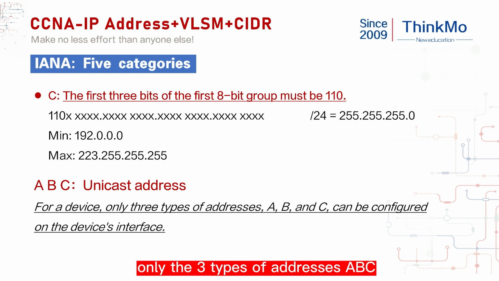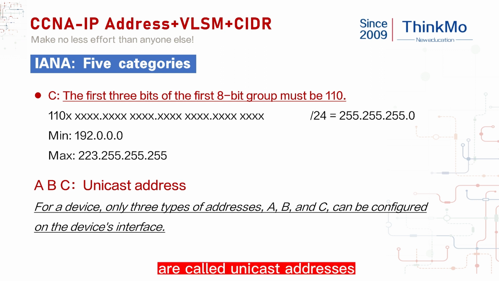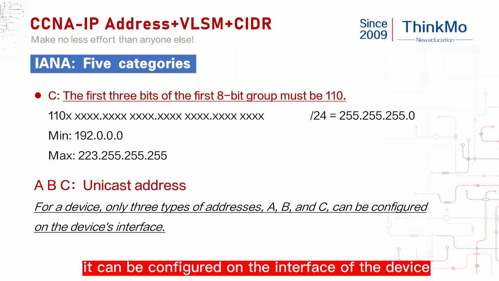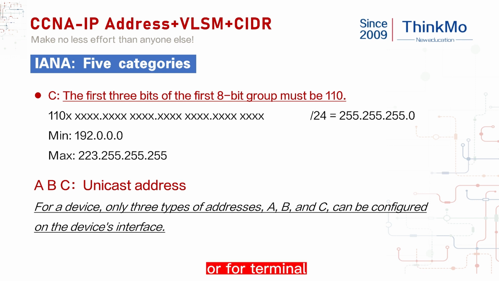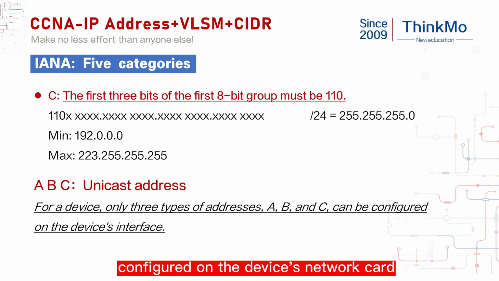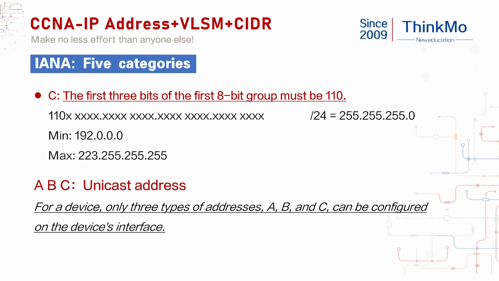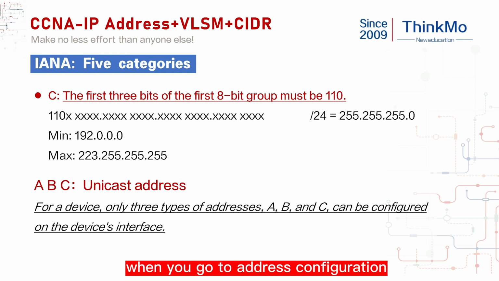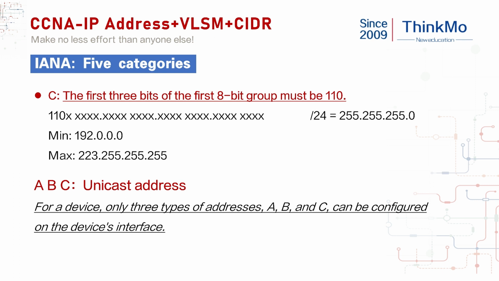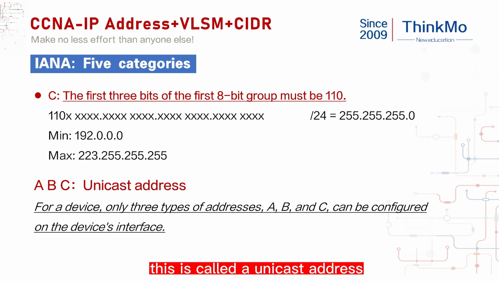Only the three types of addresses ABC are called unicast addresses. They can be configured on the interface of the device, or for a terminal, configured on the device's network card for identification. When you configure addresses, all configured addresses are ABC class. This is called a unicast address.